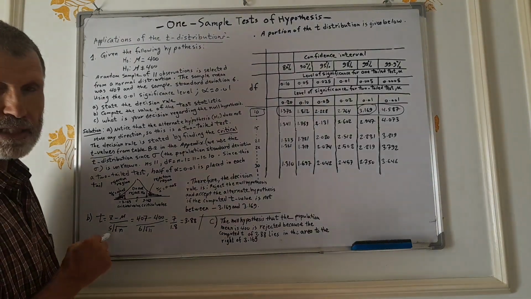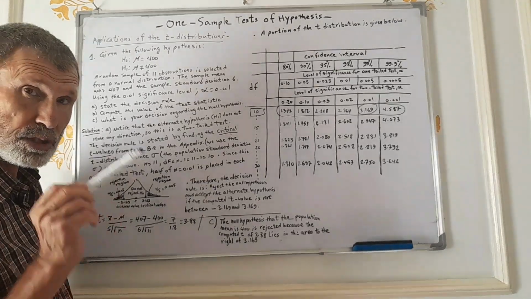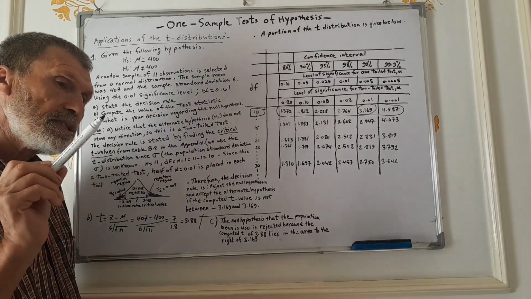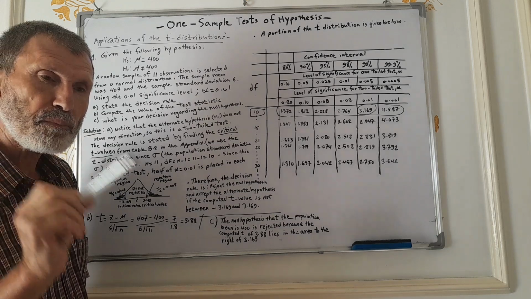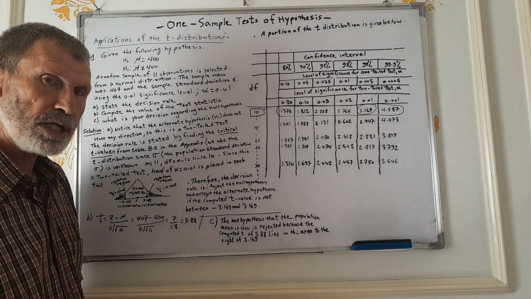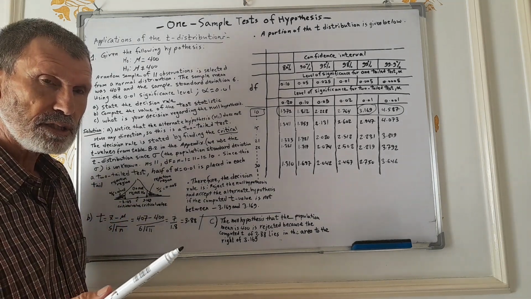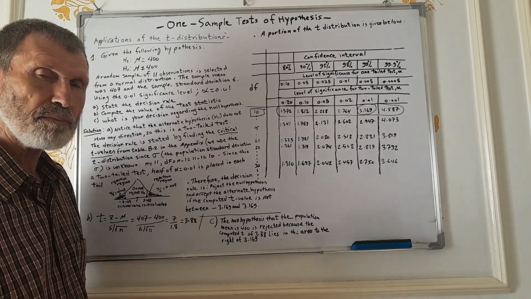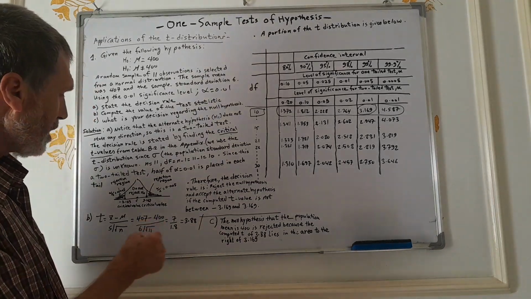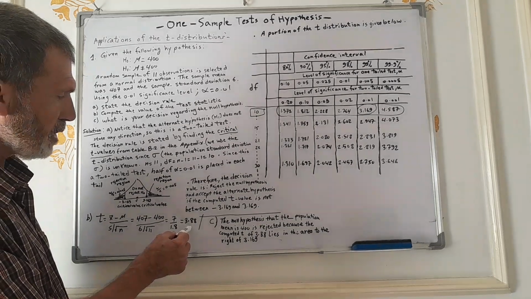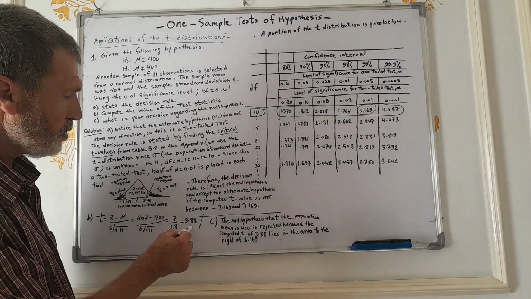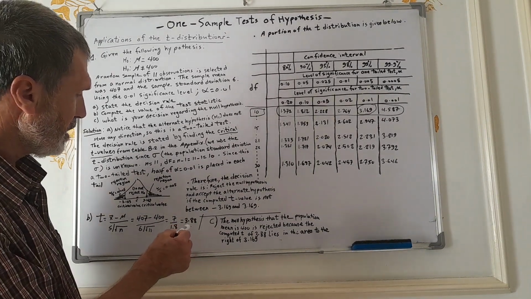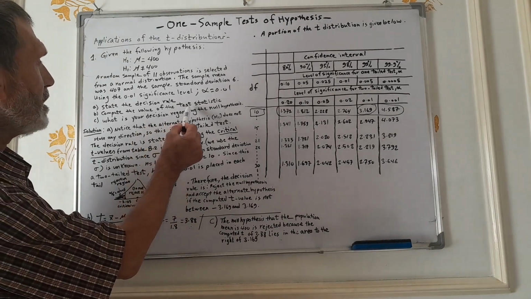S is the sample standard deviation, which is used to estimate the population standard deviation. The population standard deviation is not known, so we have to estimate it with the sample standard deviation. So we plug the numbers here, we come up with 3.88. Okay? Now, 3.88, as you can see, is the value of the test statistic.